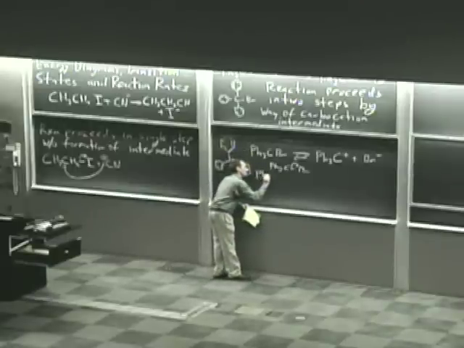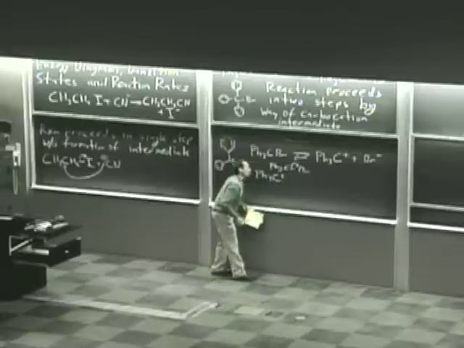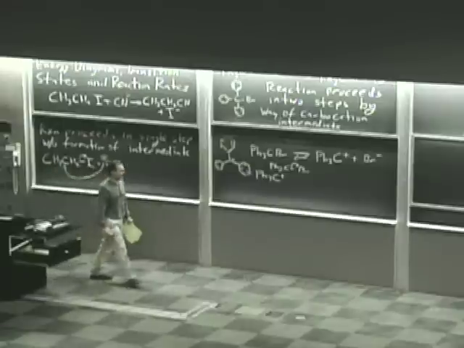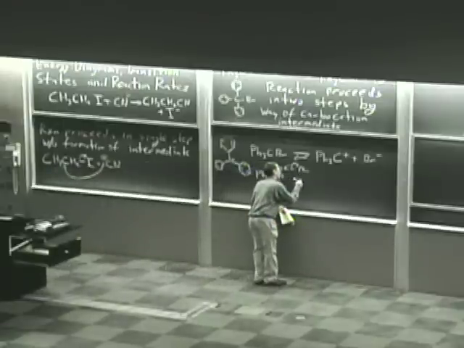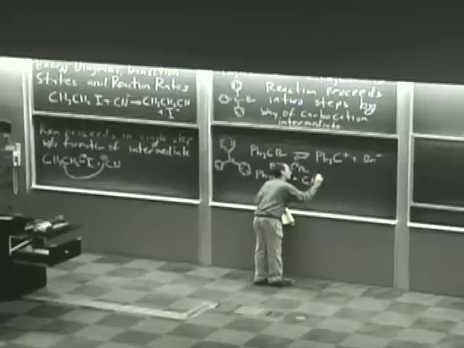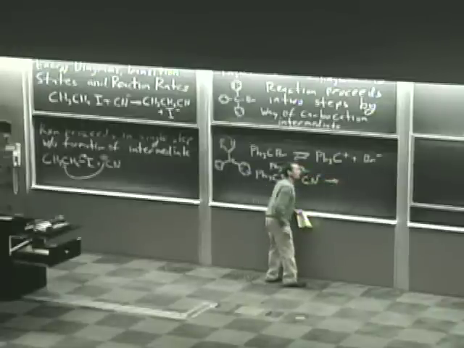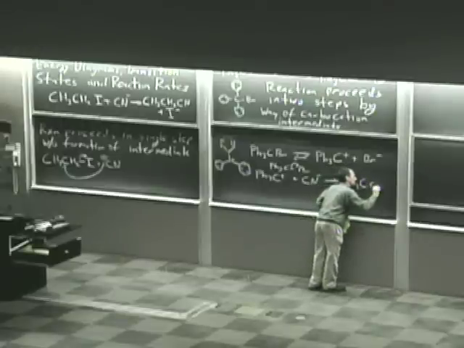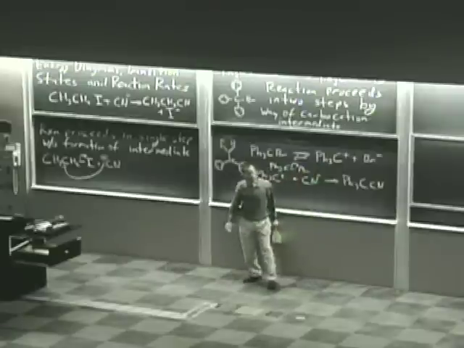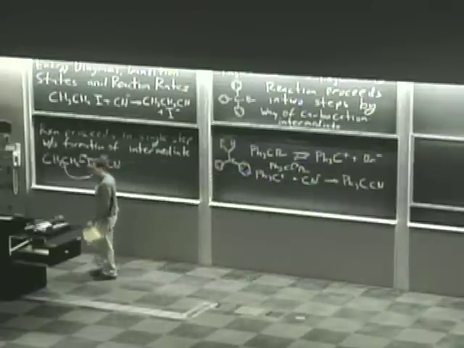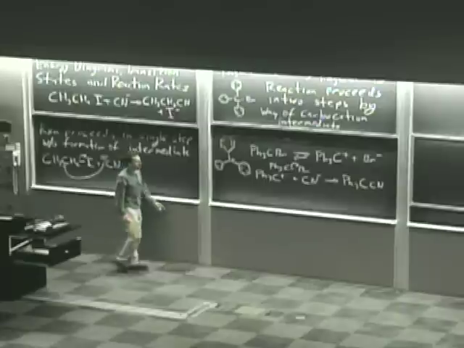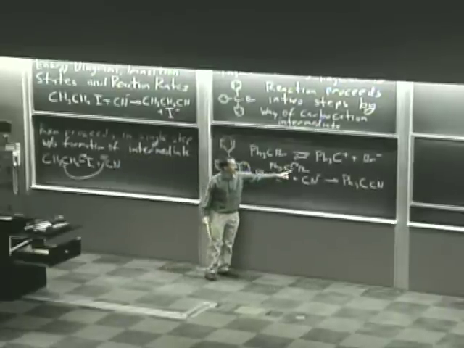In the second step of the reaction, our triphenyl methyl carbocation reacts with cyanide anion to form a new carbon-carbon bond to form our product. And again, if I wanted to give you an abbreviated mechanism, it's essentially the reverse of this step.